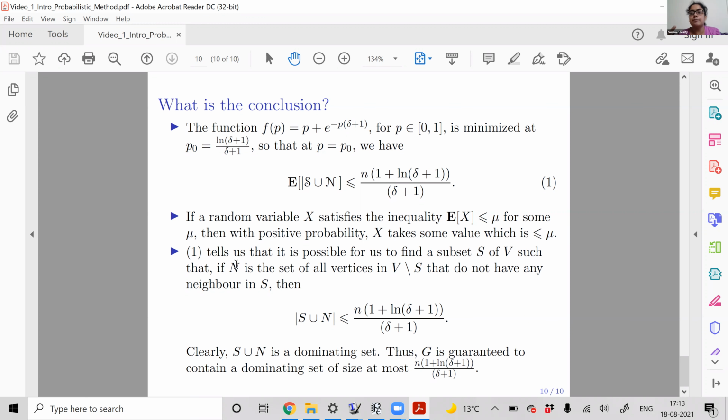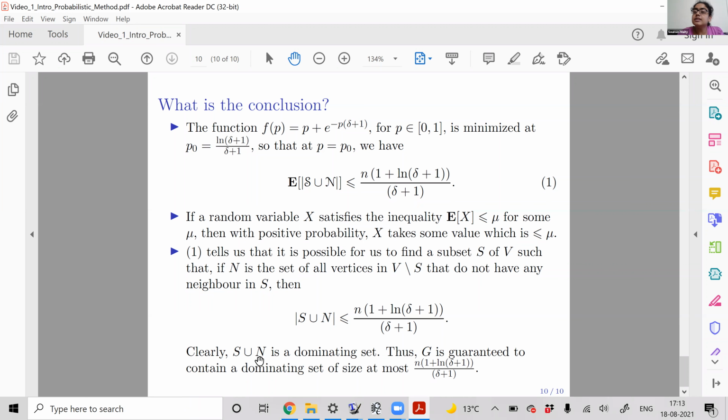There is no variation in capital N. Such that when you look at the union of these two sets and look at its cardinality, that's also bounded above by this. So here is where we use this second bullet point. That guarantees you can find such an S and correspondingly such an N.